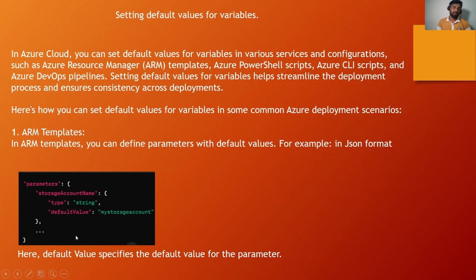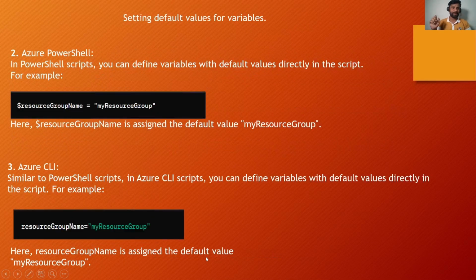So this is the first, an ARM template in JSON format. You can define this in parameters with default values. So this is the parameter, and the default value is my storage account. Here defaultValue specifies the default value for the parameter. Then second, Azure PowerShell.